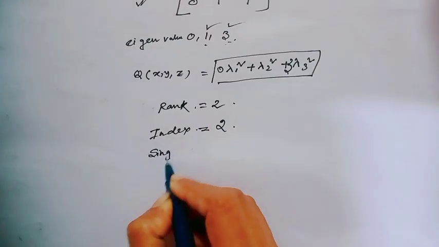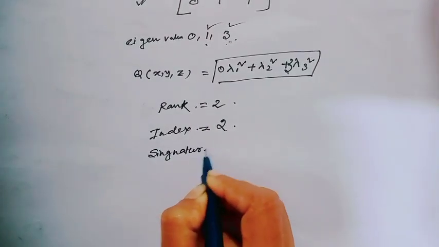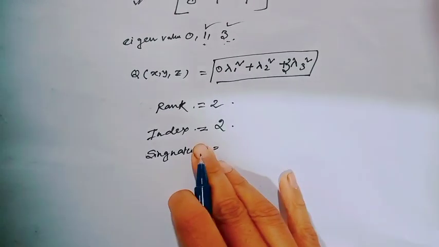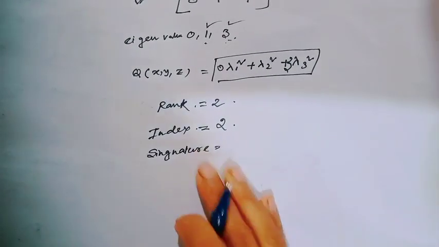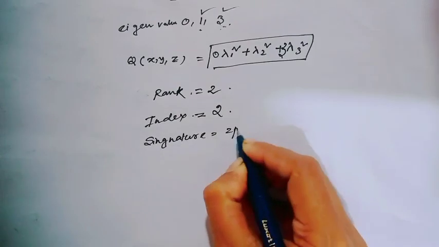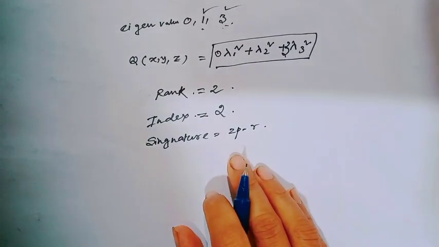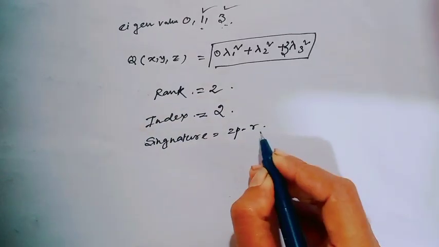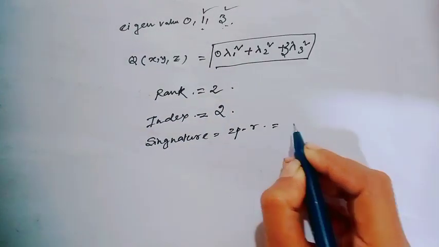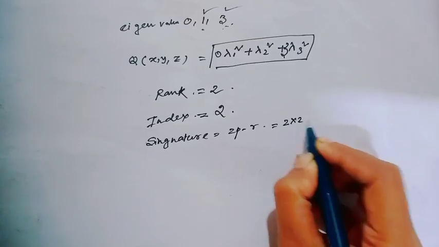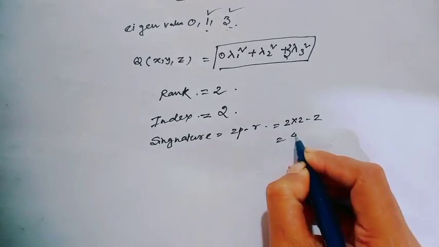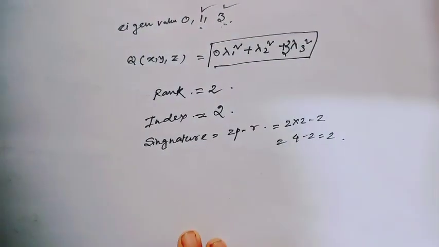Signature means, obviously, the definition is 2p minus r, where p means the number of positive eigenvalues and r means the rank. Then this would be 2 times 2 minus 2, 4 minus 2, which is equal to 2.